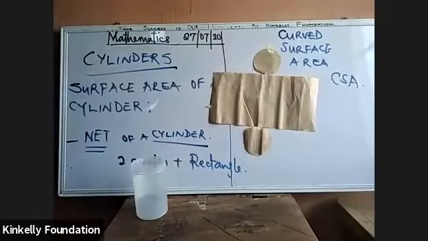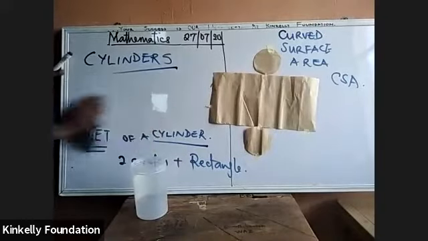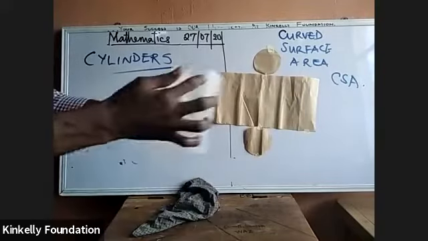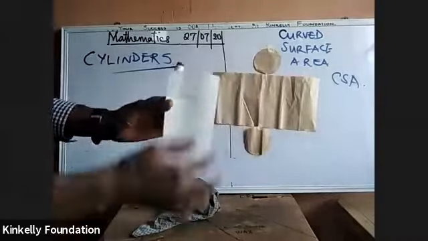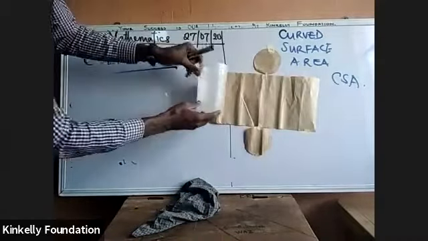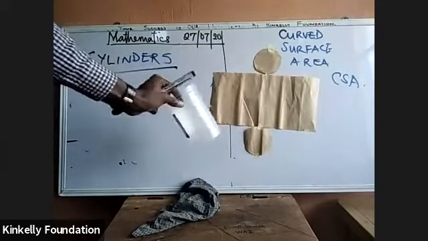Now, we try to get the area of this curved surface. You know that the height of this cylinder, look at it here, is the breadth of this rectangle.